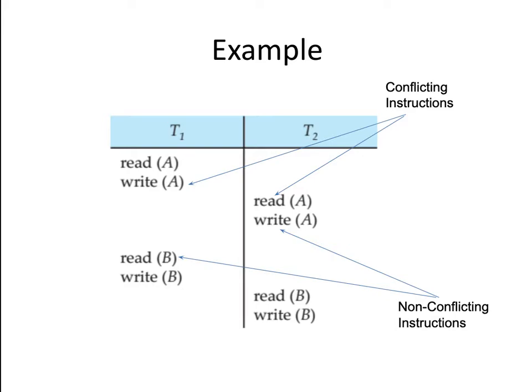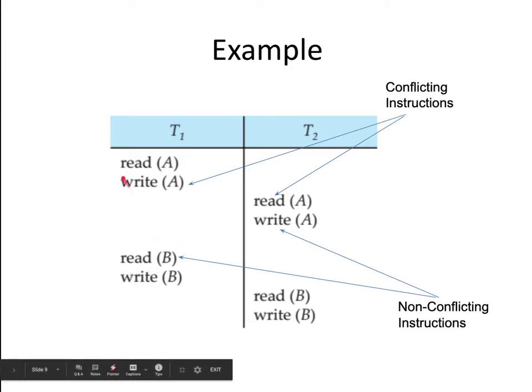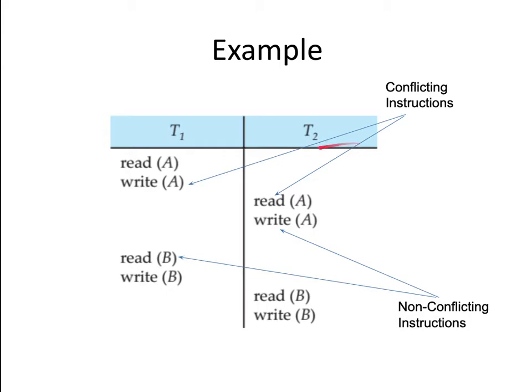Over here we have shown some examples of what conflicting instructions look like. For example, a single item A has been accessed by transaction T1 as well as T2. Now the schedule is in this direction. First this instruction will be executed, then the next of T1 again executes, then at the third instant of time T2's first instruction will be executed.